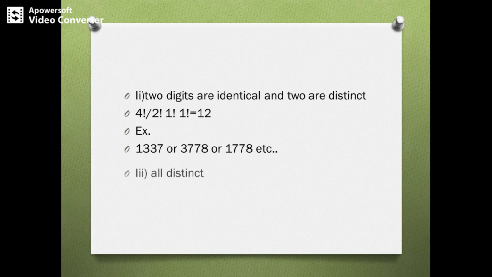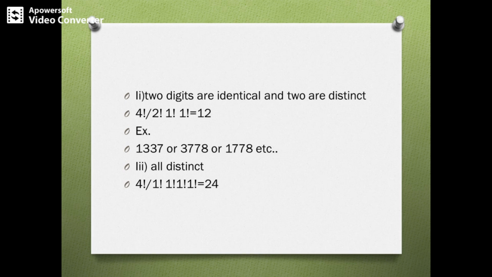And the other choice is we can have all the 4 digits to be distinct. If all the digits are distinct, that is, if you take 1, 3, 7, 8, this can be the only choice wherein all the integers are distinct, and there is only one set from which we have to frame the different arrangements.